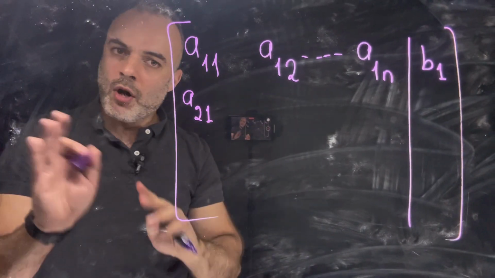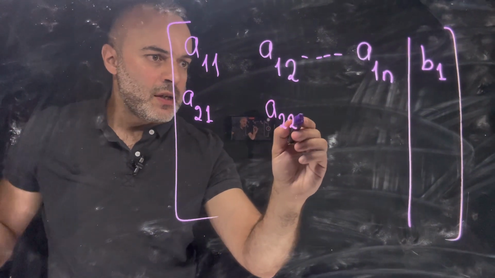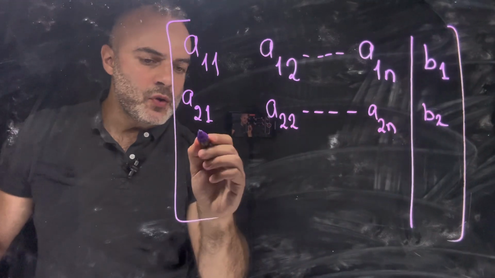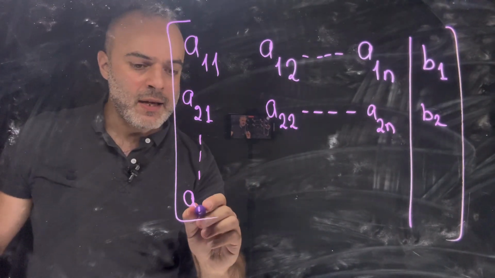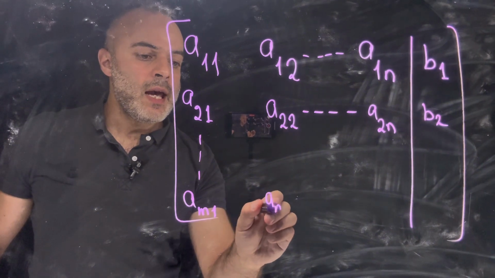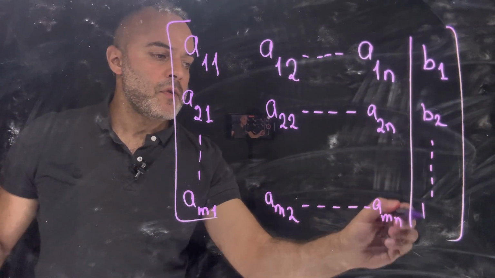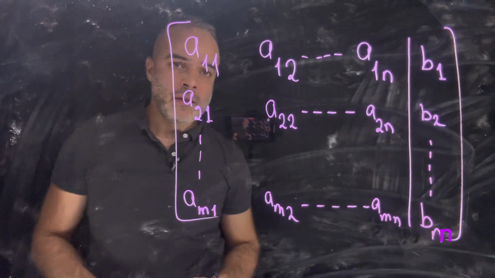Second row, first column, always RC. A22, A2N, B2, down to, the last equation was AM1, yeah, AM2, AMN, and of course all the coefficients, sorry, I go down to BN.